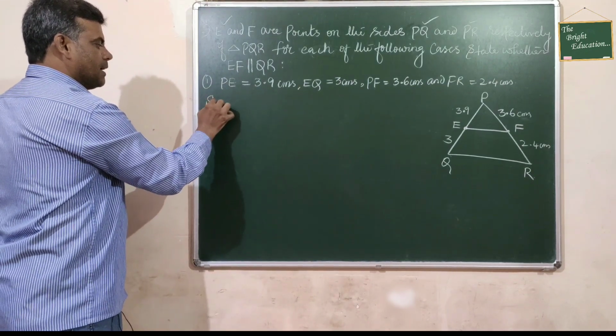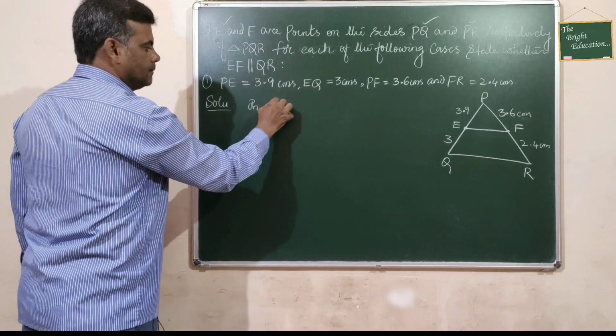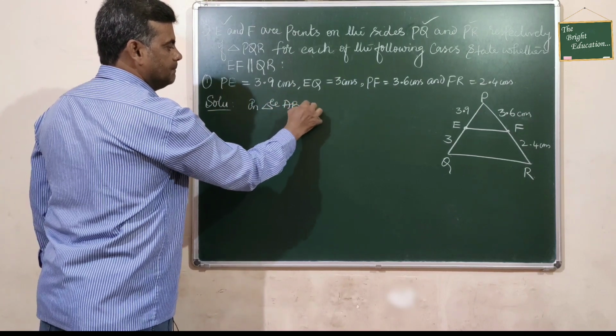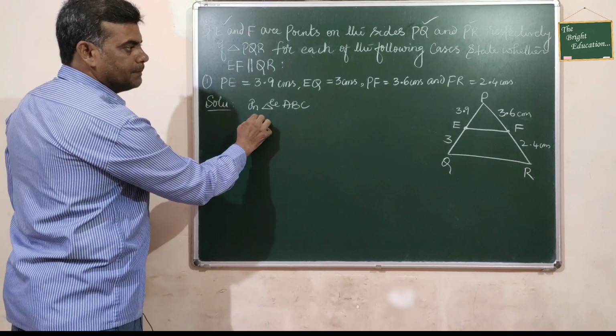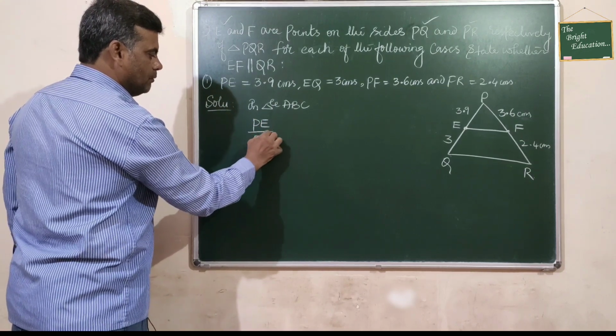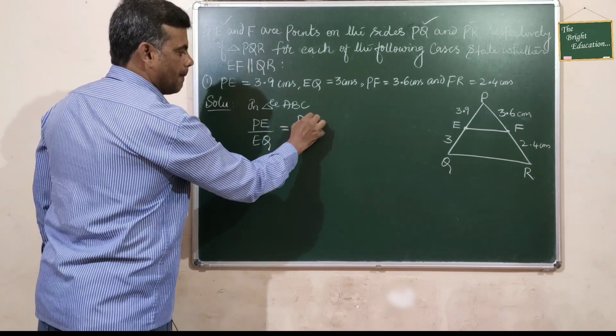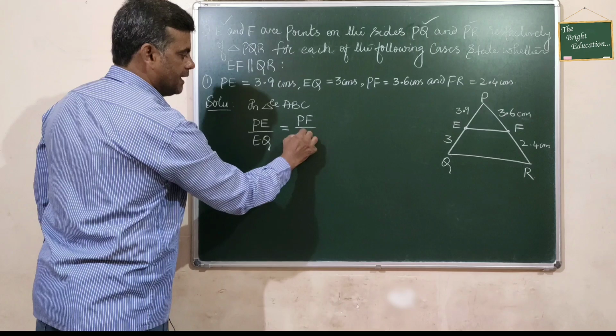So in the solution part, in triangle PQR, let me write PE by EQ equals PF by FR.